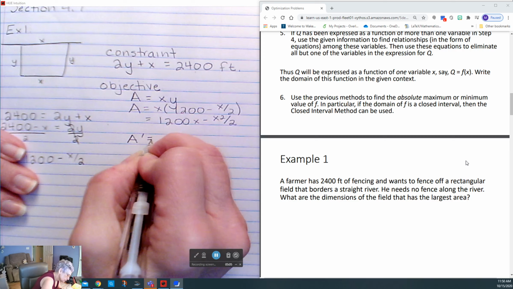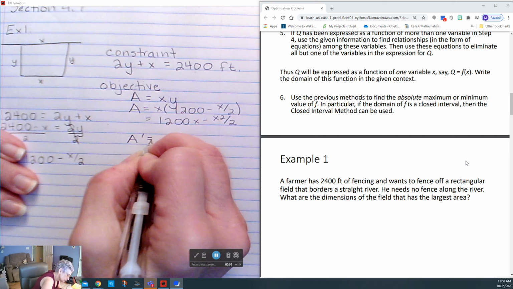Now, first thing I'm going to do, here's my river. Here's my fence. And we're going to pretend that it's a rectangle. And I'm going to name this side Y, and that side X. I usually go ahead and label each and every side. And then this side is also X, but we don't need any fence there.